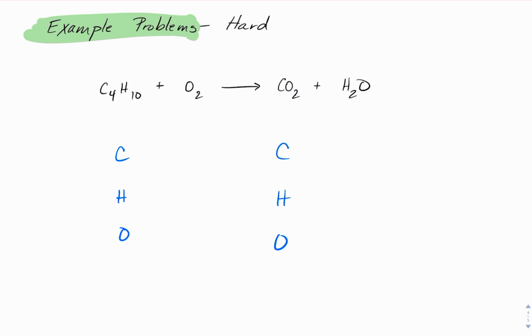Again, we just count the totals. Carbons: 4 on the left, 1 on the right. Hydrogen: 10 on the left, and 2 on the right. Oxygens: 2 on the left and 3 on the right. So let's start with carbon first. Remember, try to do hydrogen and oxygen last. So carbon, we have 4 on the left.